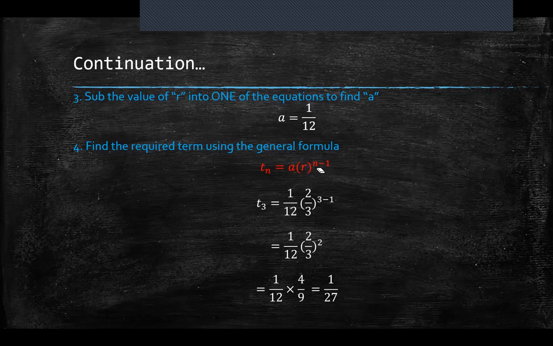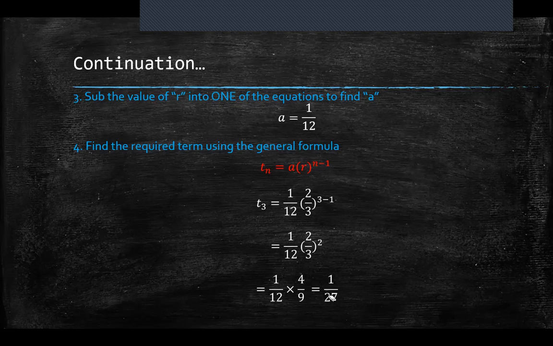So n is 3, 3 minus 1. Simplify this a bit. 1 on 12 times 2/3 squared, yeah? Not 1 on 12 multiplied by 2/3 and then that whole thing squared. No, 2/3 squared, which is 4 on 9. So 1 on 12 by 4 on 9 is 1 on 27.